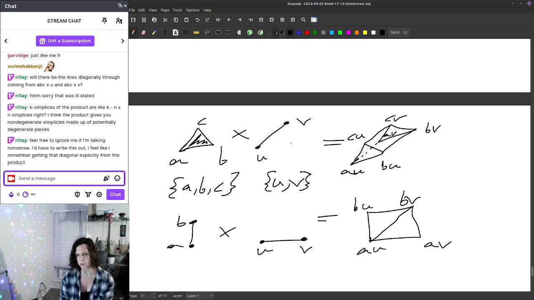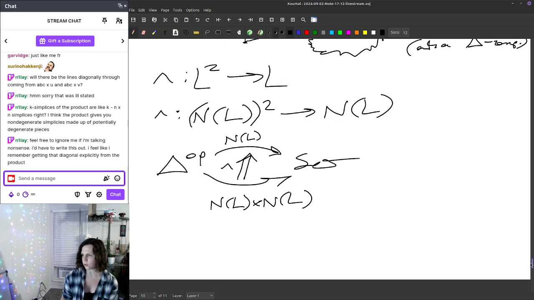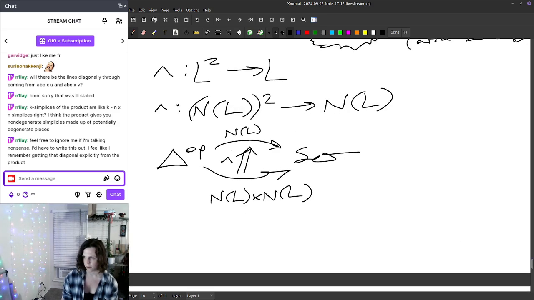But the reason I'm concerned is basically this: if I can give a simplicial set description of the meet and join operations, that should induce a map from the product of the spaces that are the corresponding geometric realizations.